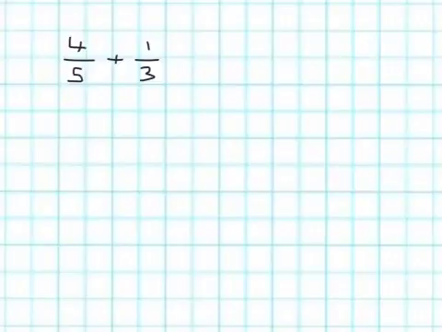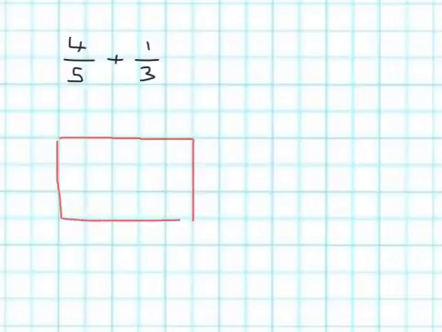All we need to do is look at the two denominators, we've got 3 and 5, and draw a rectangle that is 5 squares along one side and 3 squares along the other side. 1, 2, 3, 4, 5 across and 3 down. This gives us a 3 by 5 rectangle which has got 15 pieces inside it.